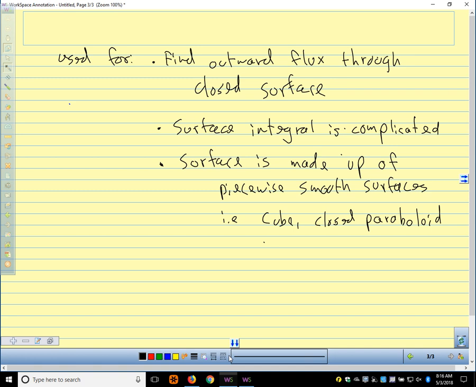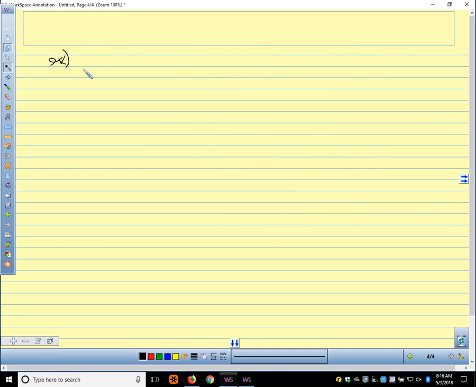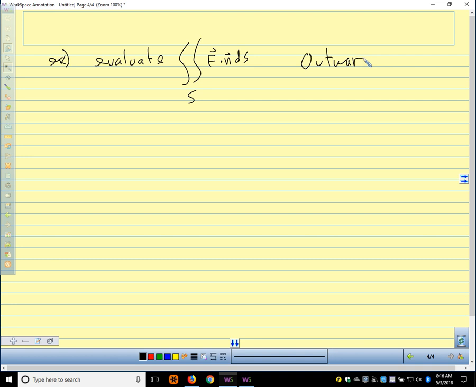So let's look at an example. Which one do I want to do? We'll do that one. So we want to evaluate this surface integral, our flux integral, F dot n dS. The other way you might be asked this question is the outward flux of F through the surface.